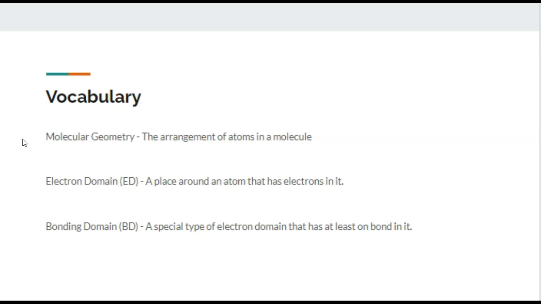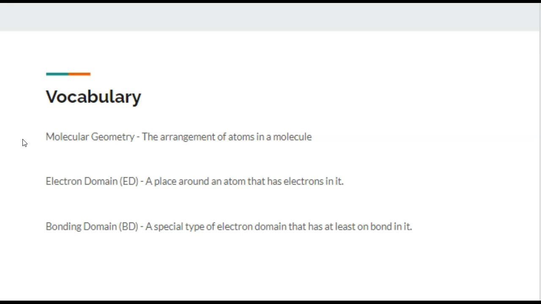It's important for us to go over some vocabulary first, and so you can see here the three big things that we're talking about. Molecular geometry being the big one, which is the arrangement of the atoms in a molecule, and we represent those atoms using Lewis dot structures.